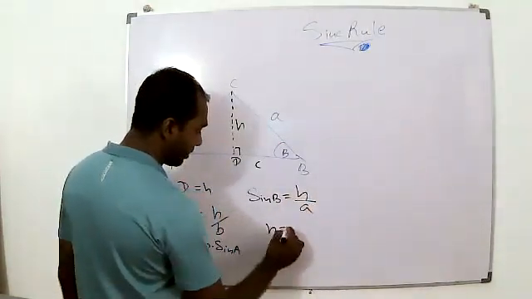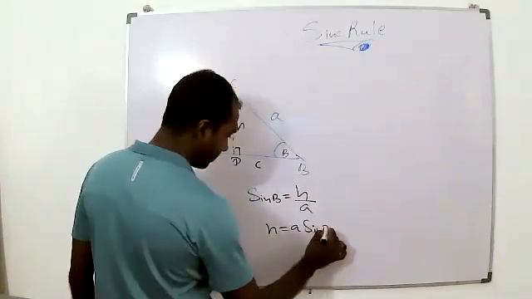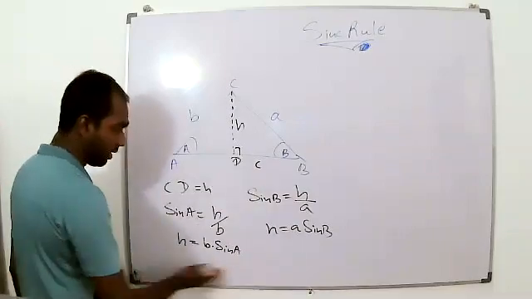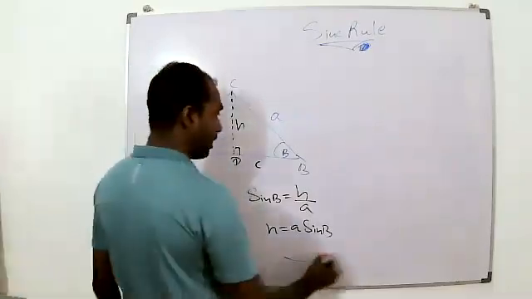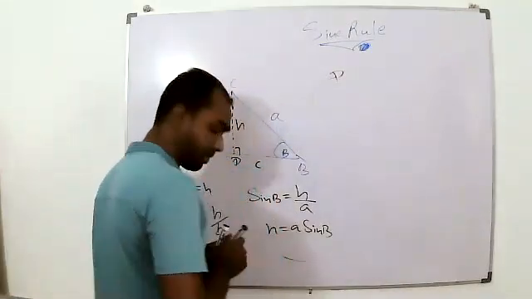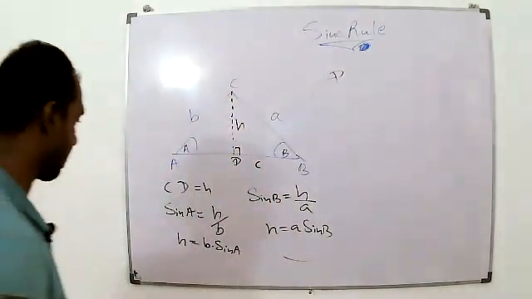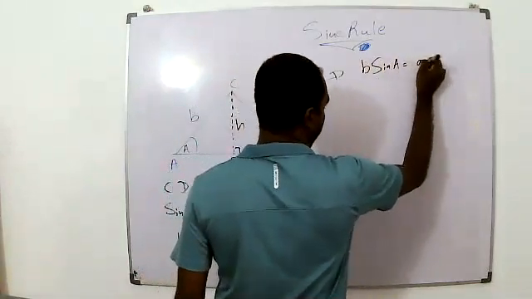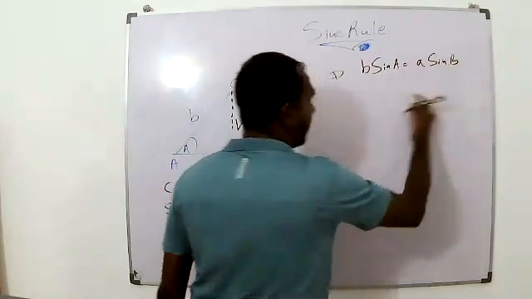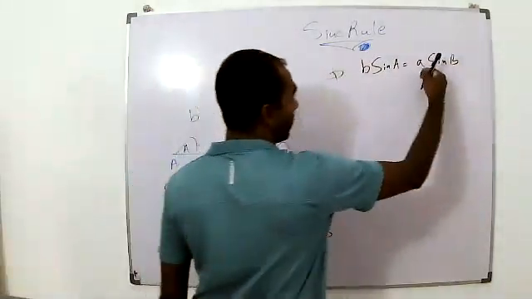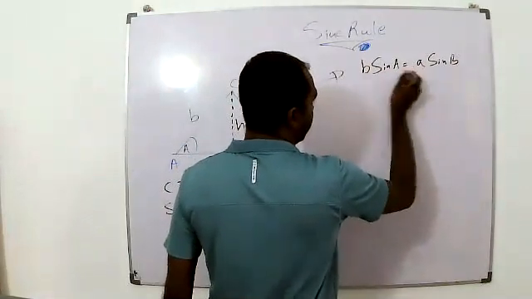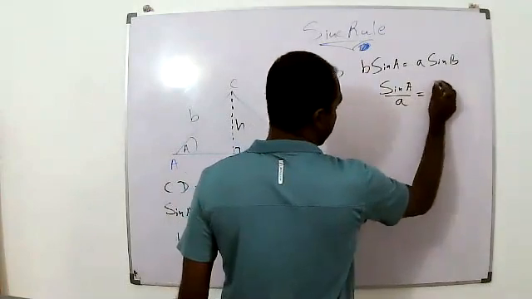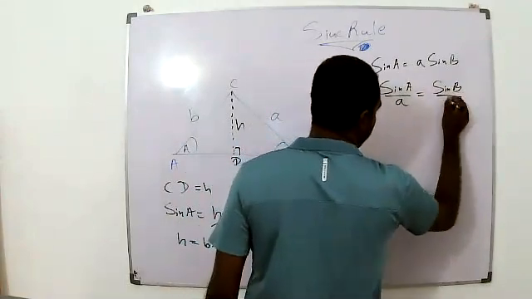So we can again write H equals a sine B. This is the same H, the same height, so we can combine the equations: b sine A should be equal to a sine B. If you cross multiply, moving a and b to the denominator, you get sine A divided by a equals sine B divided by b.